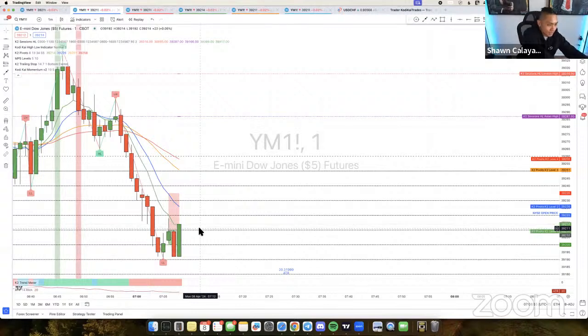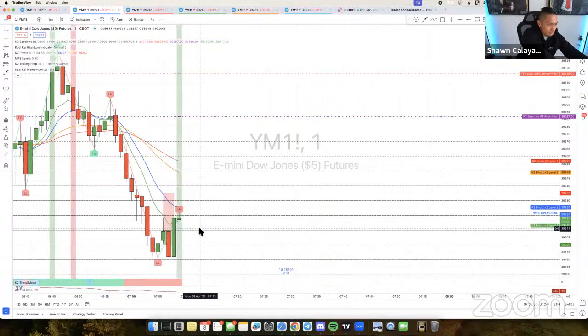Ah, man, my chart's all messed up now. Okay, I fixed it. Back to automatic. Oh, I see. Okay. Yeah. No, I see it in the settings now.